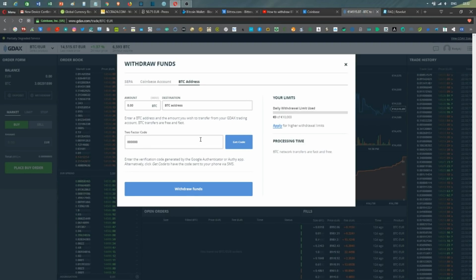What else, which destinations was I sending? I was withdrawing funds from Gdax to cloud mining. I was purchasing cloud mining, I think it was Hashflare. Yeah, it was Hashflare that I was purchasing, and all I needed was to specify the amount.